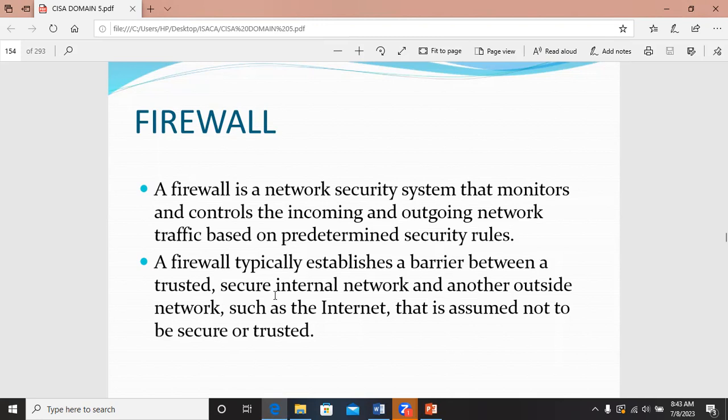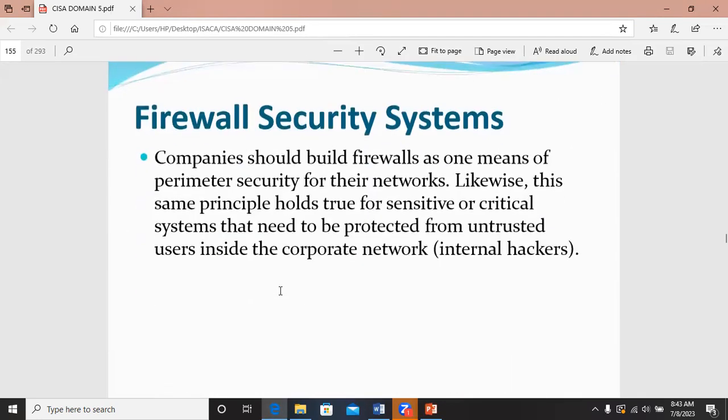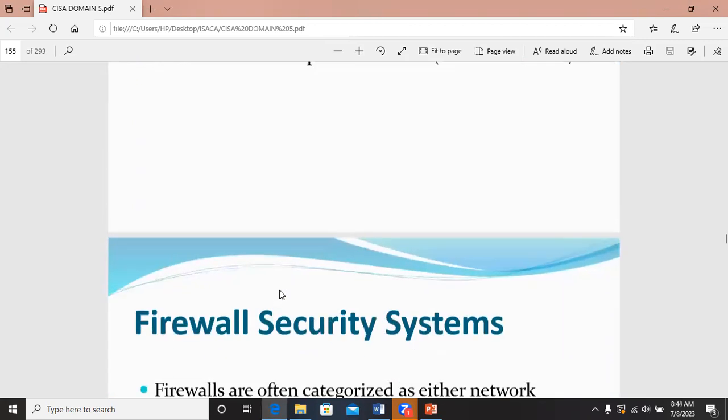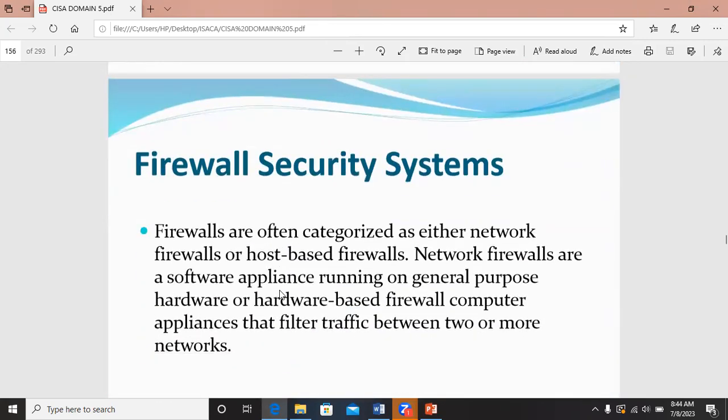The job of a firewall is very similar to what bouncers do in a club. When you go to a club, maybe they can size the person up, maybe based on your dressing, and say no, you can't come in.